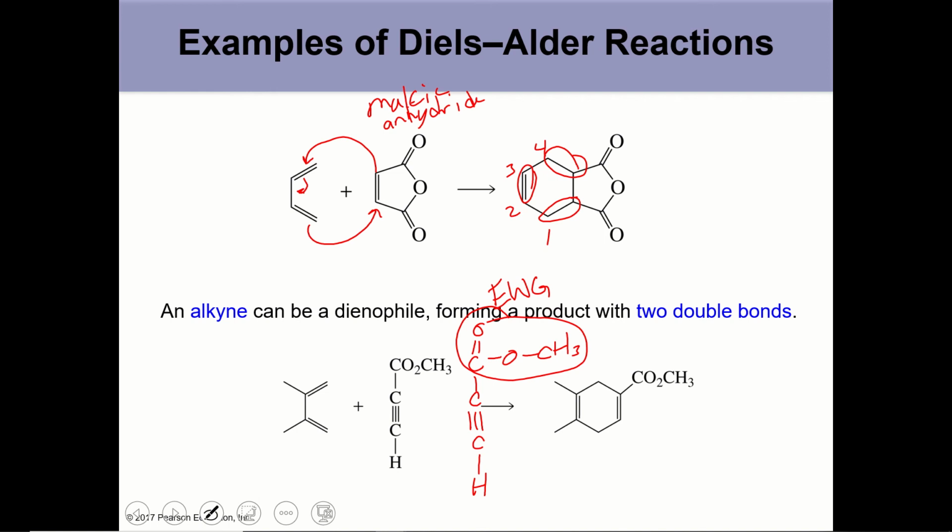And the pi carbon that is furthest from the electron withdrawing group is the most positive. So that would make the terminal alkyne carbon the most positive. And that is where carbon 1 of the diene will bond first.